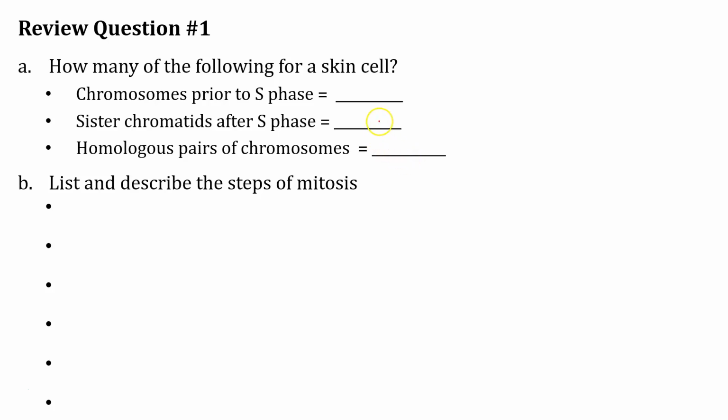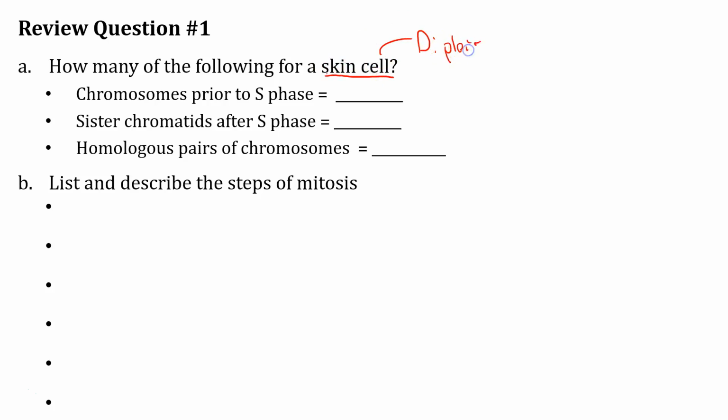Okay, so the first question asks, for just a random skin cell, you just take a skin cell right off of your skin, that's what we'd call a somatic cell, meaning it's just a regular cell in your body, and that's going to be a diploid cell.